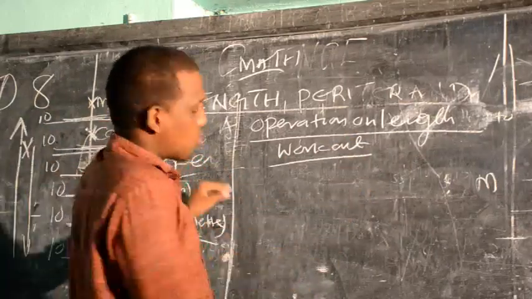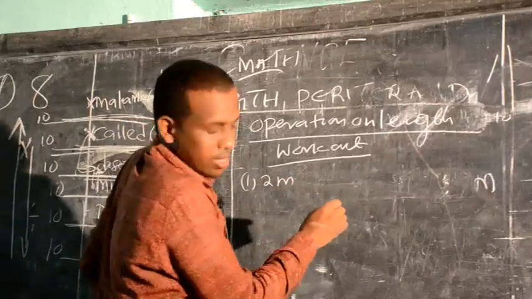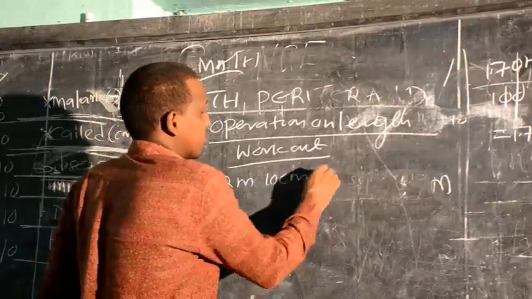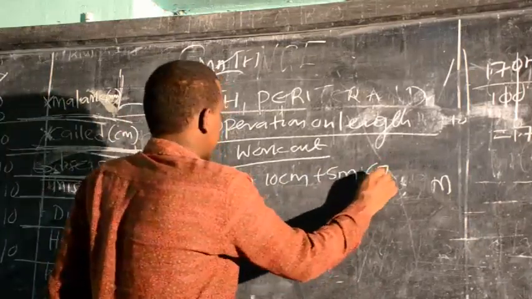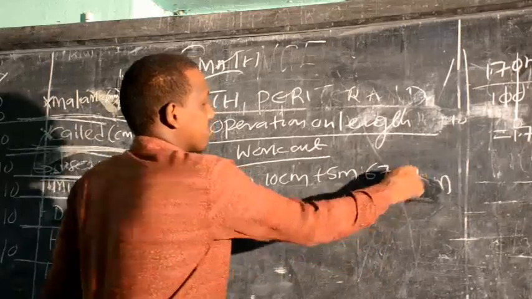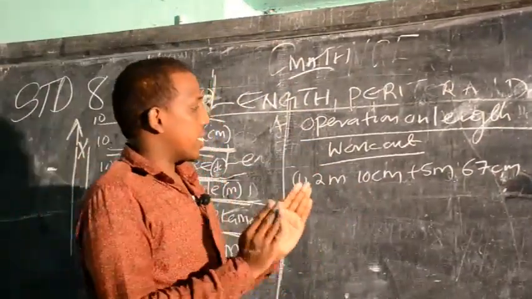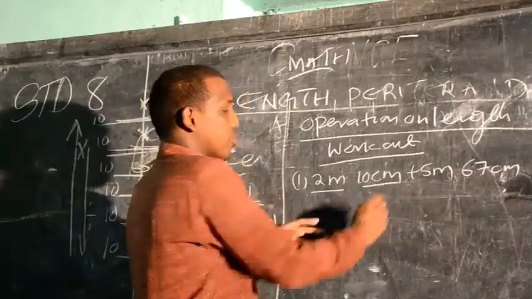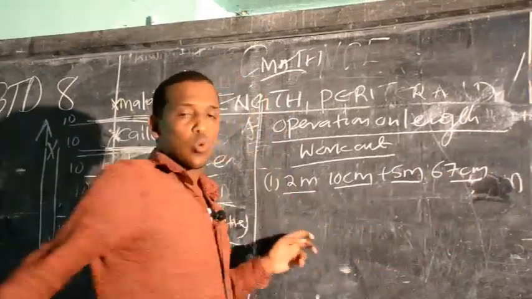Question 1, they said 2 meters 10 centimeter plus 5 meters 67 centimeter. We cannot add this one. So what we do, we collect the like units. This one is meter and this one is centimeter. We cannot add them. So we group them now.